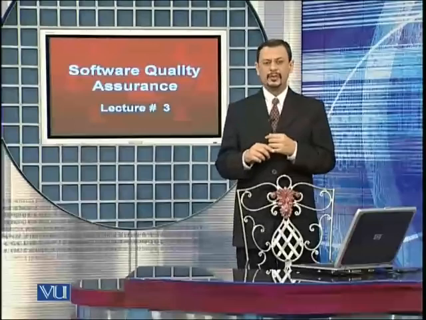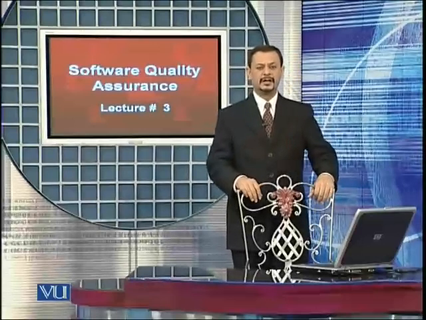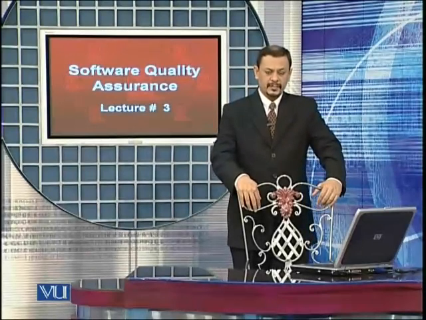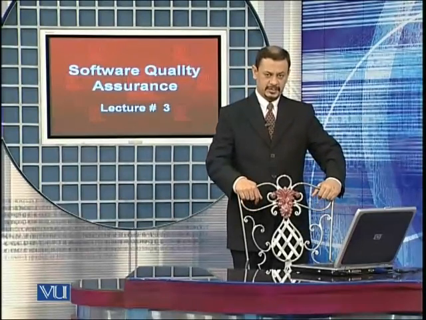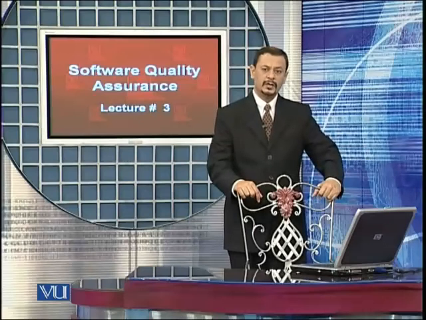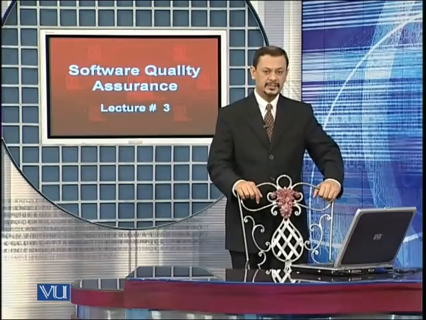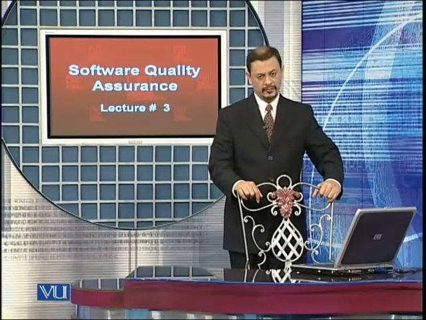As a result, we can look at software reusability from a quality assurance perspective. We know from the literature that reusability improves productivity, but with this information, we can say that reusability also helps us in improving the quality of software.